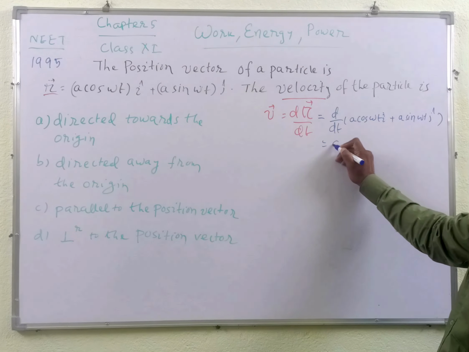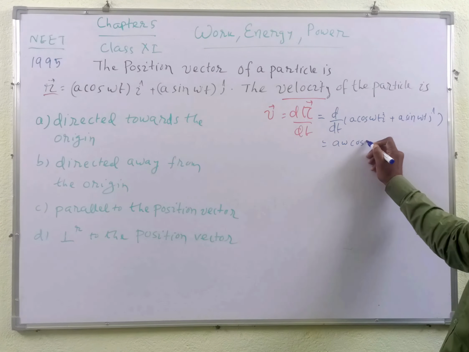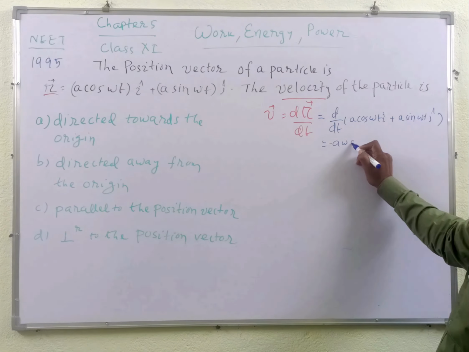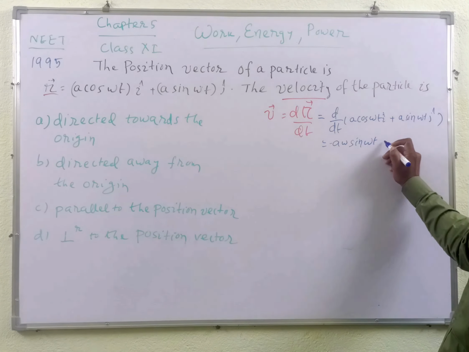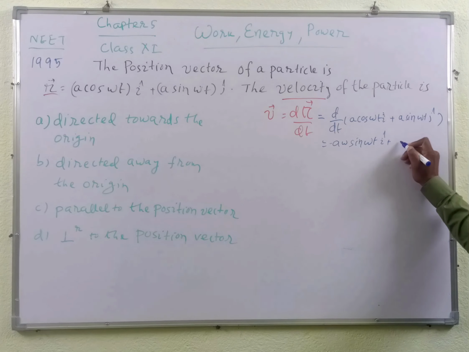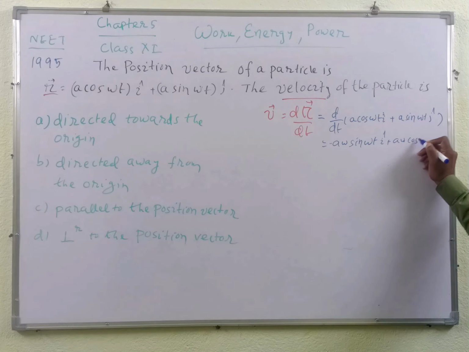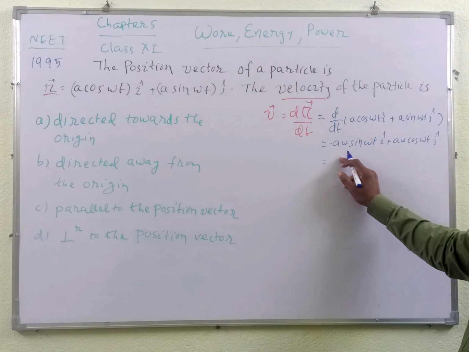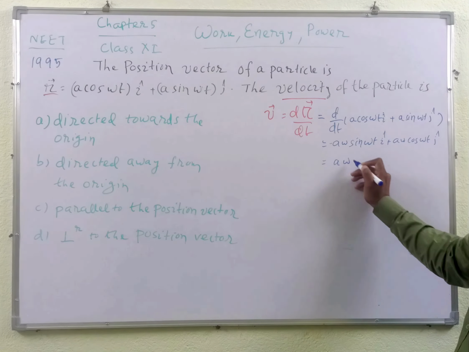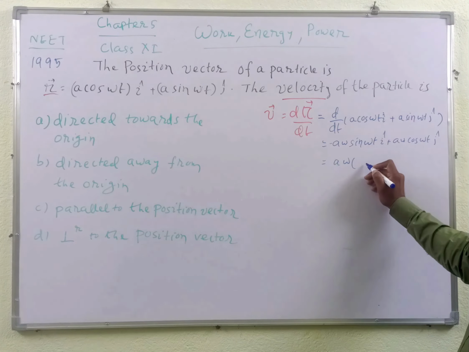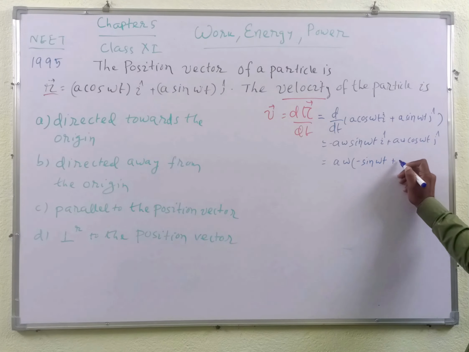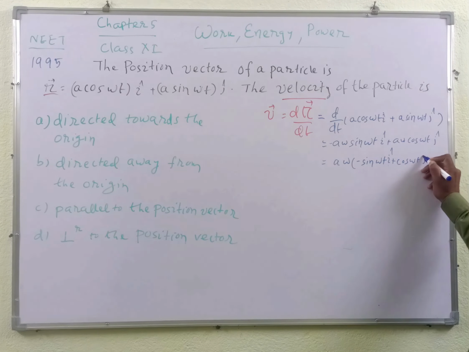So this will be minus a omega sin omega t i cap plus a omega cos omega t j cap. We may write this like this. Then we may take a omega common and write minus sin omega t i cap plus cos omega t j cap.